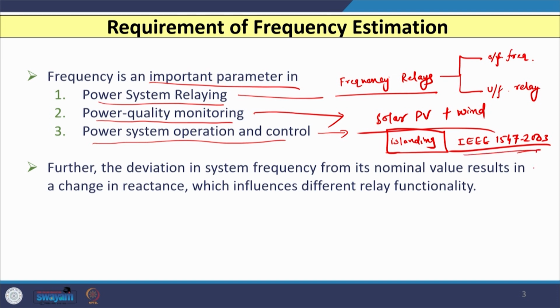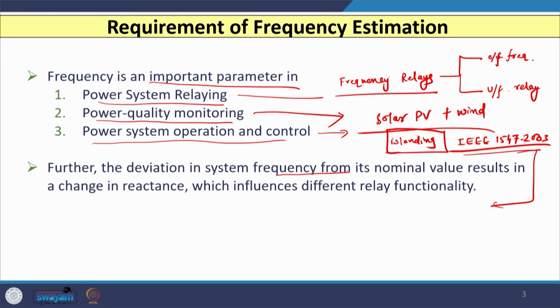In this standard, the proper procedure for integrating any renewable energy source that works as a distributed generator is clearly mentioned, including the different points and procedures we need to follow. Further, a deviation in system frequency is not allowed; it has to be within certain plus or minus limits.